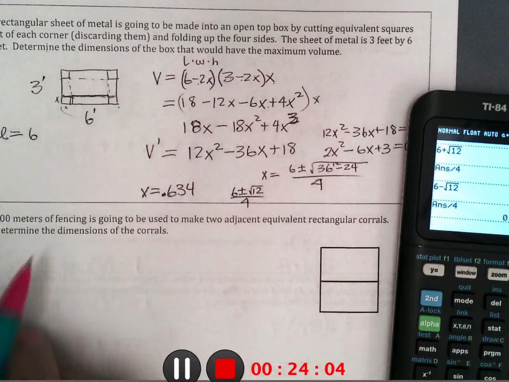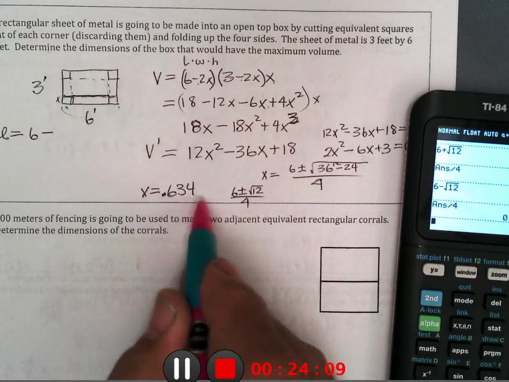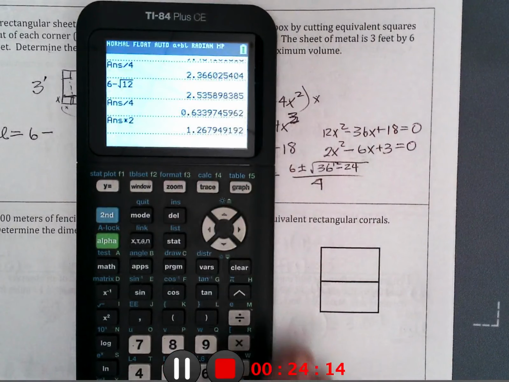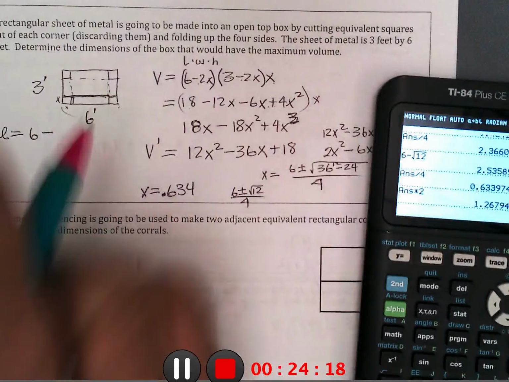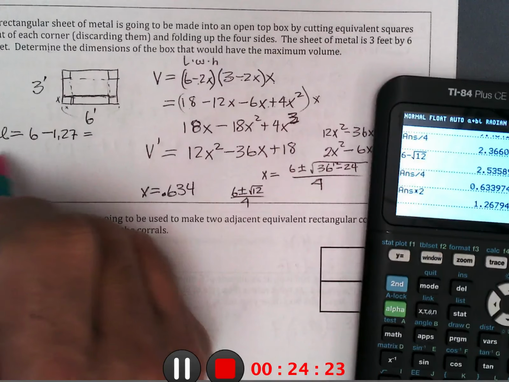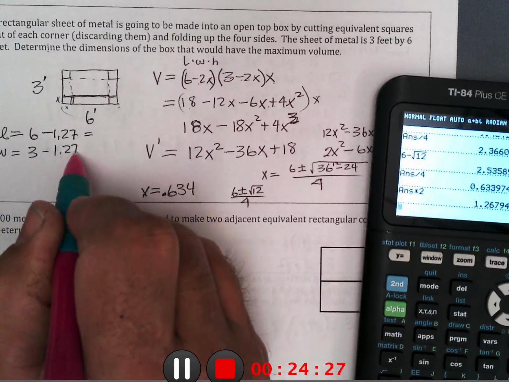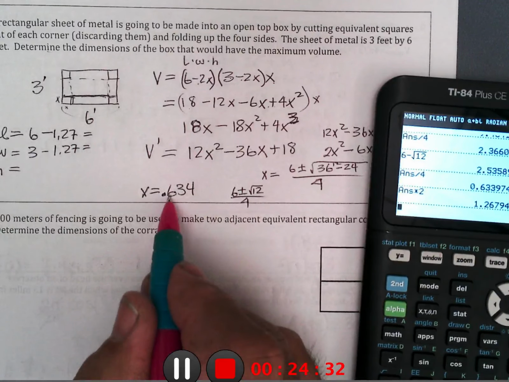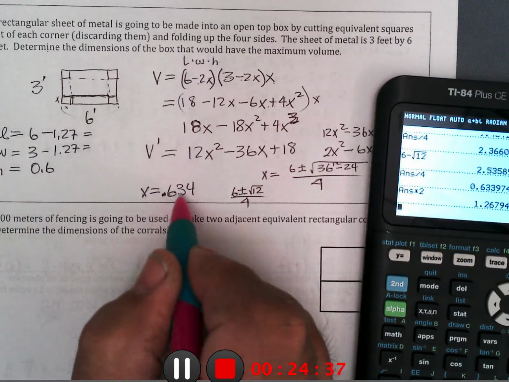So my length will be 6 minus 2 of these, which is 1.27 minus 1.27, and my width would be 3 minus 1.27, and my height would be 0.634, the x value.